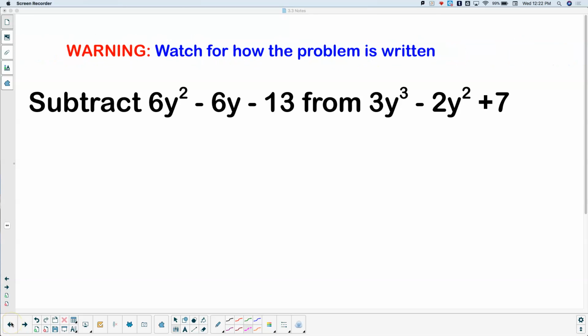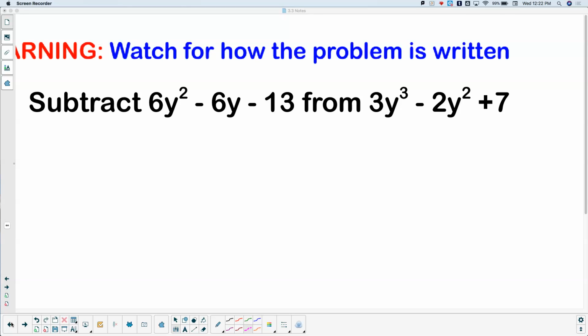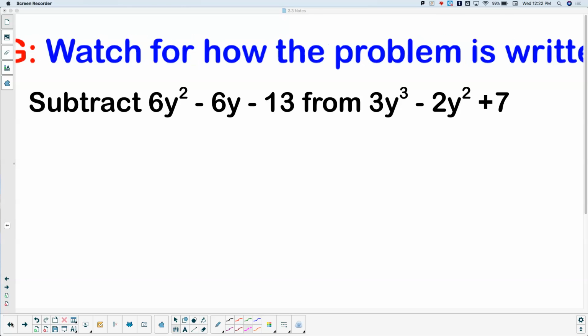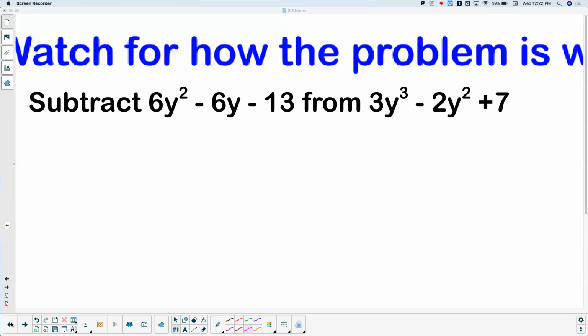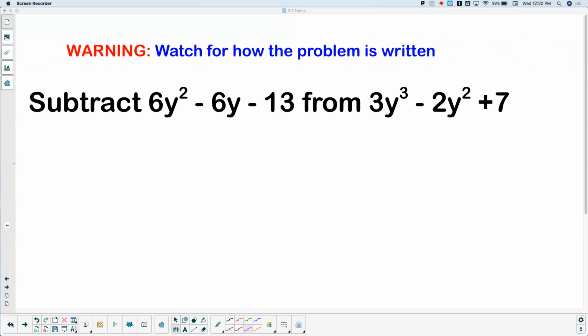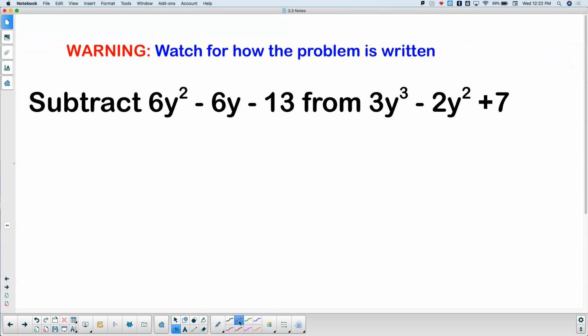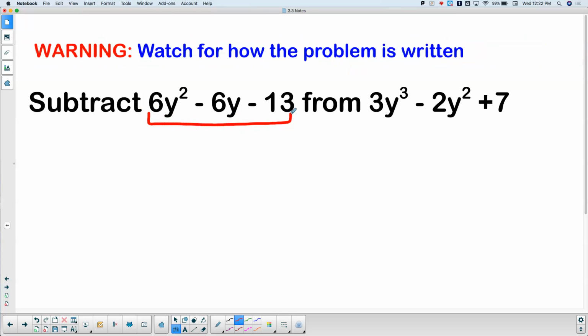Ellie, did you see the big flashing hint that I had on there? What did that mean to you? Because reading the problem is actually kind of important in this one, right? Because this one says subtract this part from that part.